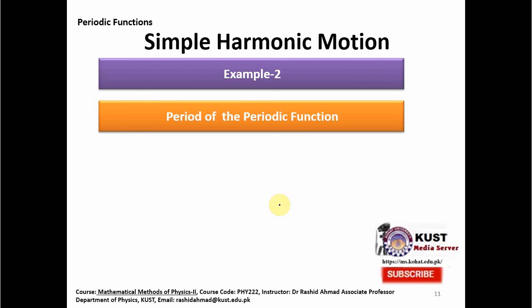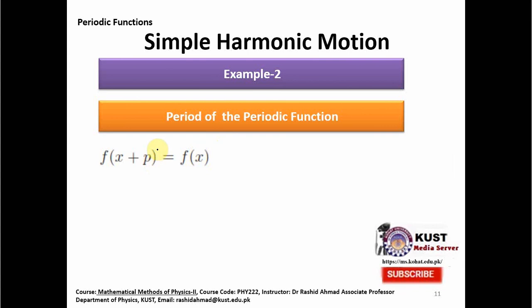In example 2, now at the end I will explain how periodic functions can be used to model simple harmonic motion. In this example, you can see a certain function, and it's a periodic function because when p is added to x, we get f of x back. So this p is the period of the function. It means that after every interval p, the function gives us our original function back.